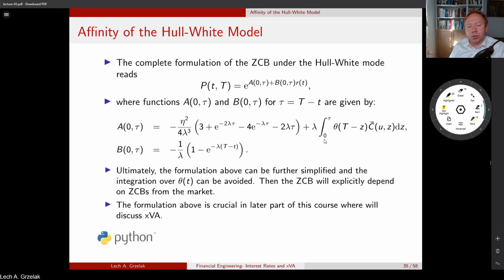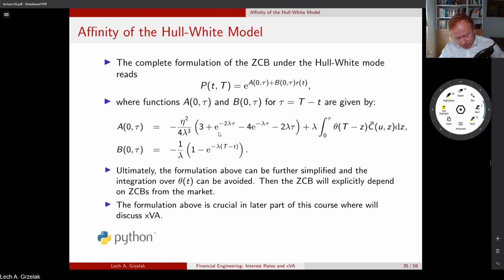Here, however, I want to make it explicit what this formula looks like, and B is also just a functional parameter. So if we have the theta function, a volatility, and a speed of mean reversion, we can just substitute those into A and B, and evaluate at every path of R_t to get every possible zero coupon bond.